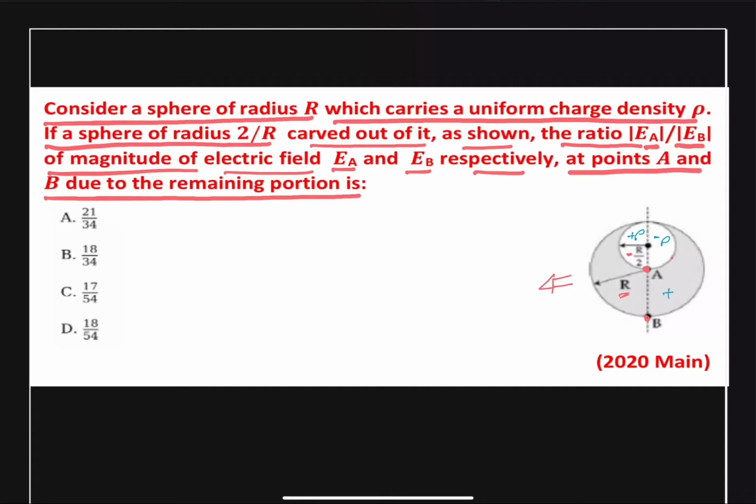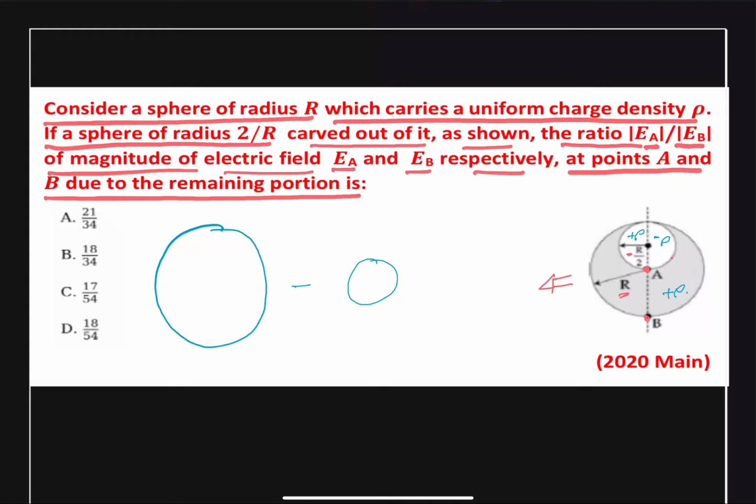So therefore we can redraw this figure, that we have a complete sphere without any portion removed, plus that will be our removed portion, like this. And actually here it should be minus, not plus, because it is removed from the complete sphere.